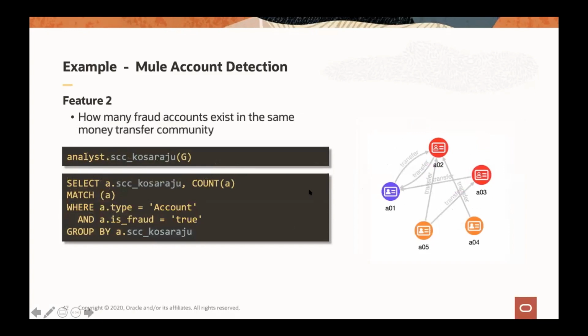Another feature could be generated by a community detection algorithm, such as strongly connected component. Then we might be able to find whether those accounts are included in the same community which has many fraudulent accounts.